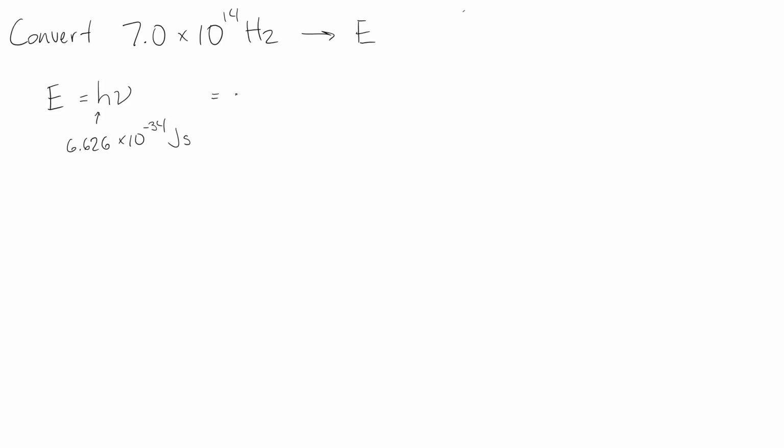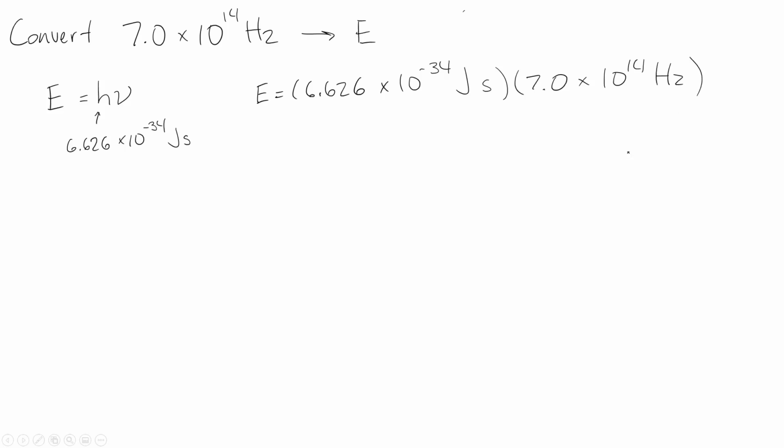So energy is going to be equal to Planck's constant, 6.626 times 10 to the negative 34th joule seconds, times 7.0 times 10 to the 14th hertz. Remember, hertz is functionally equivalent to 1 over second.